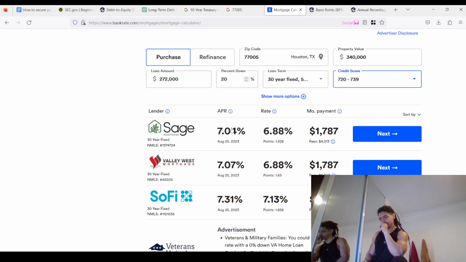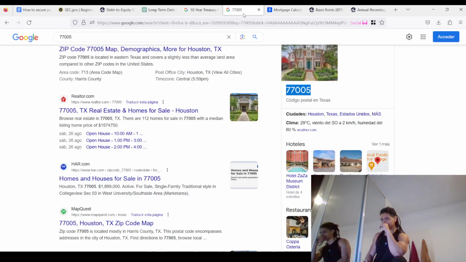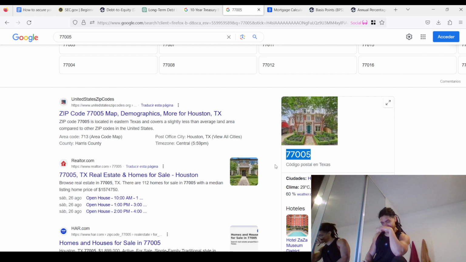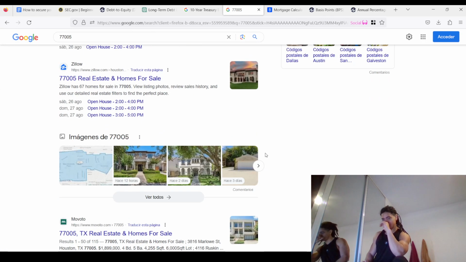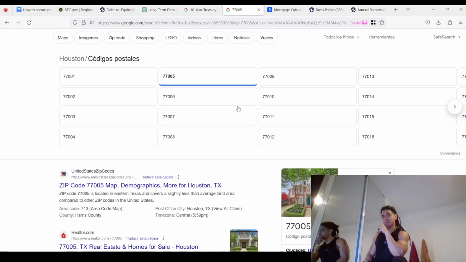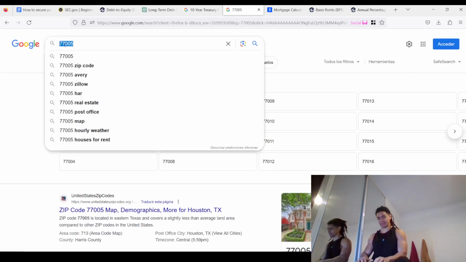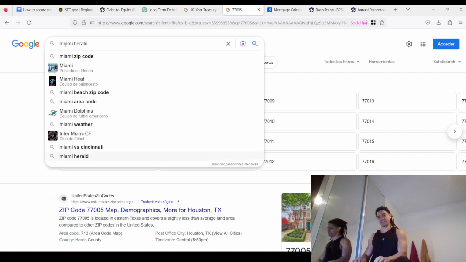7% annual percentage rate. Jesus. What about Miami? Miami zip code.